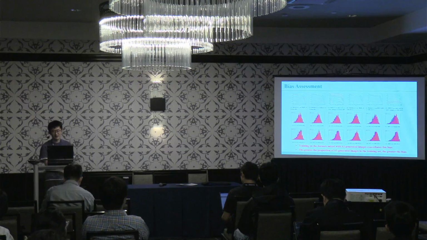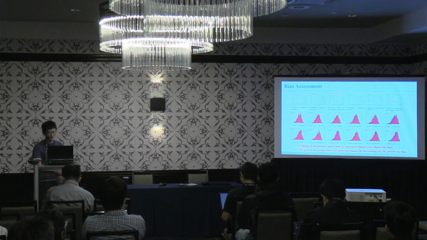Then we mixed the AI-generated images into the training data of the retriever. Our further experiments show that training on datasets mixed with AI-generated images exacerbates this bias. And the greater the proportion of AI-generated images in the training set, the greater the bias.